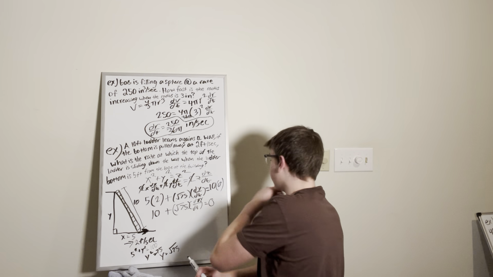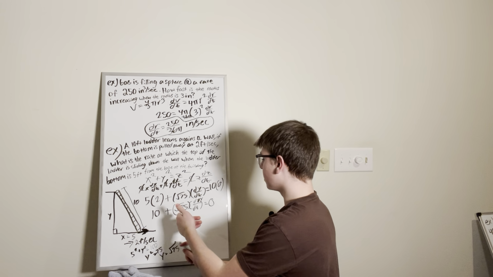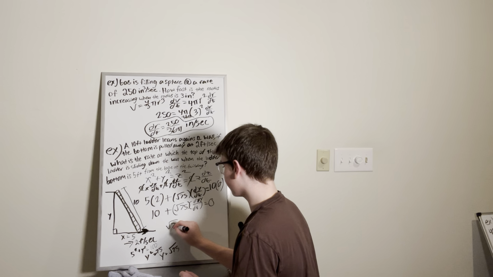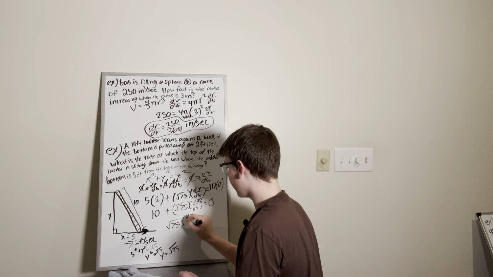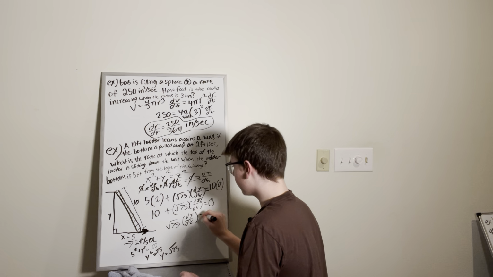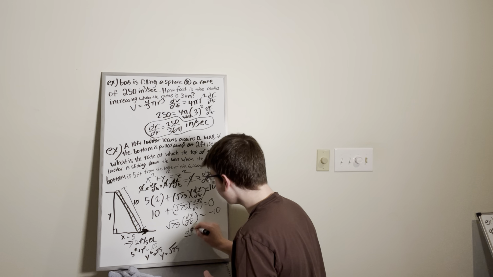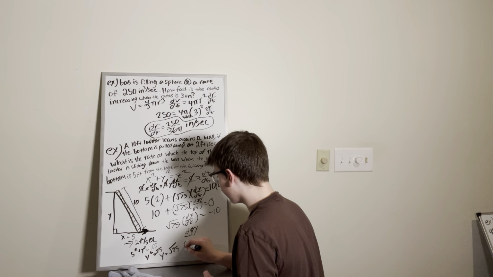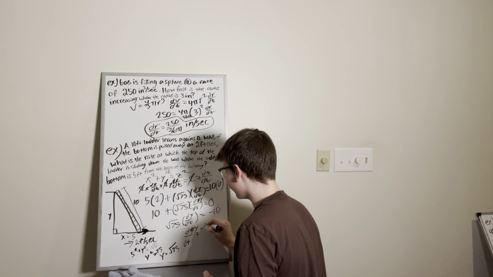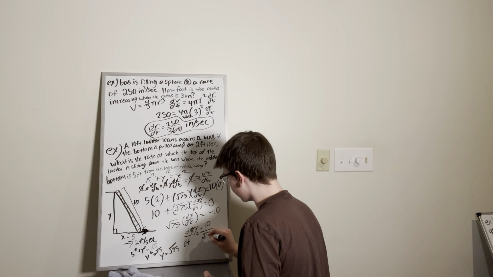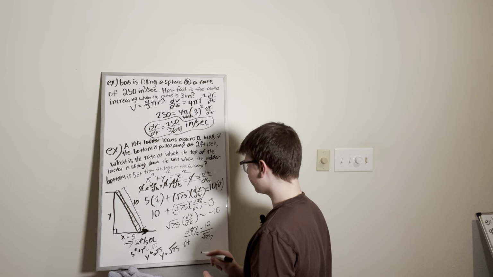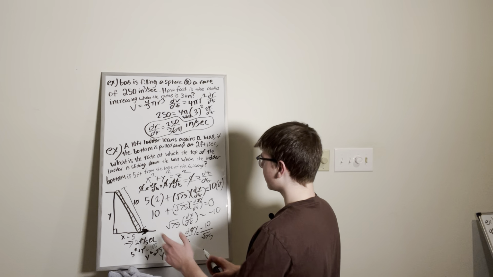Okay, so this will be root 75 times dy over dt equals, moving the 10 over, negative 10. So dy over dt equals negative 10 over root 75. And what is this measured in?